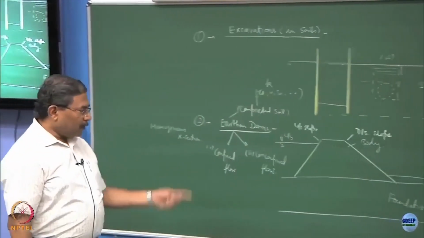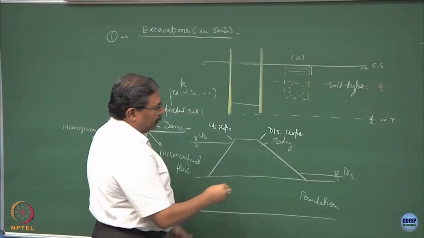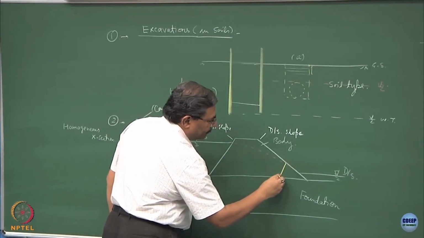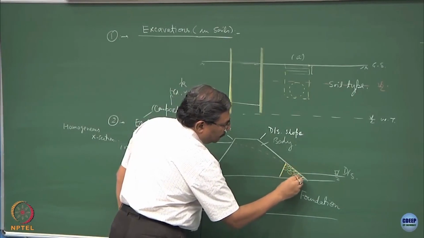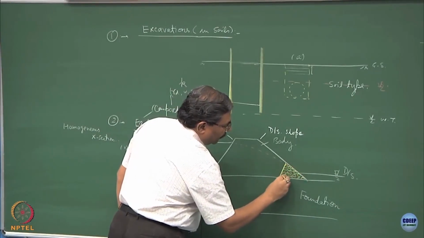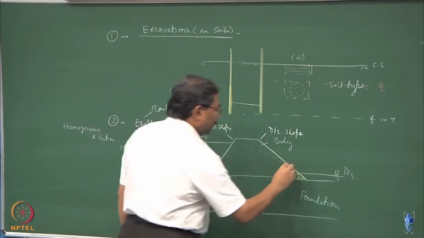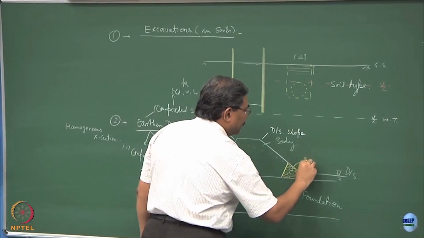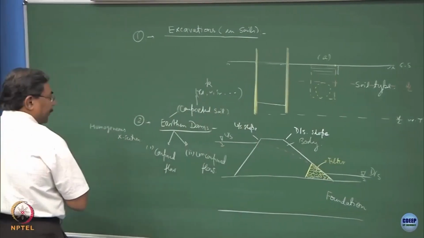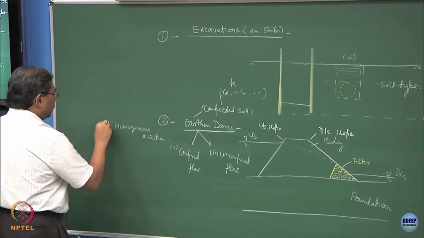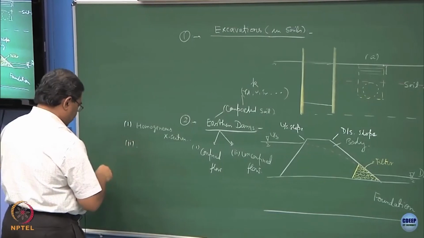Clear? So, in order to stop that, what is done is, normally we design filters. I do not know whether you have seen this or not. Next time whenever you get a chance to visit a dam, please go and check this out. The moment you have inserted filters, this becomes an inhomogeneous section.